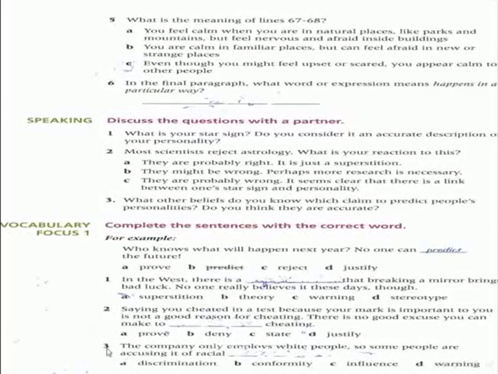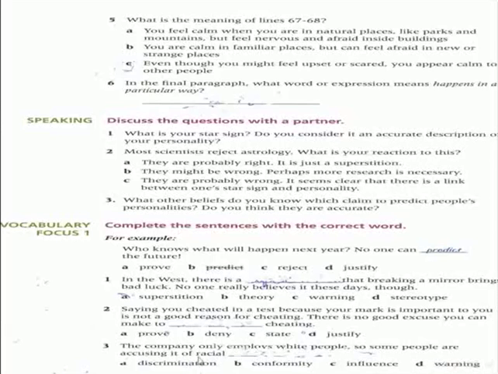Number 3. The company only employs white people. So some people are accusing it of racial what? We complete the space with discrimination, or conformity, or influence, or warning. What do we choose here? We choose A, discrimination.